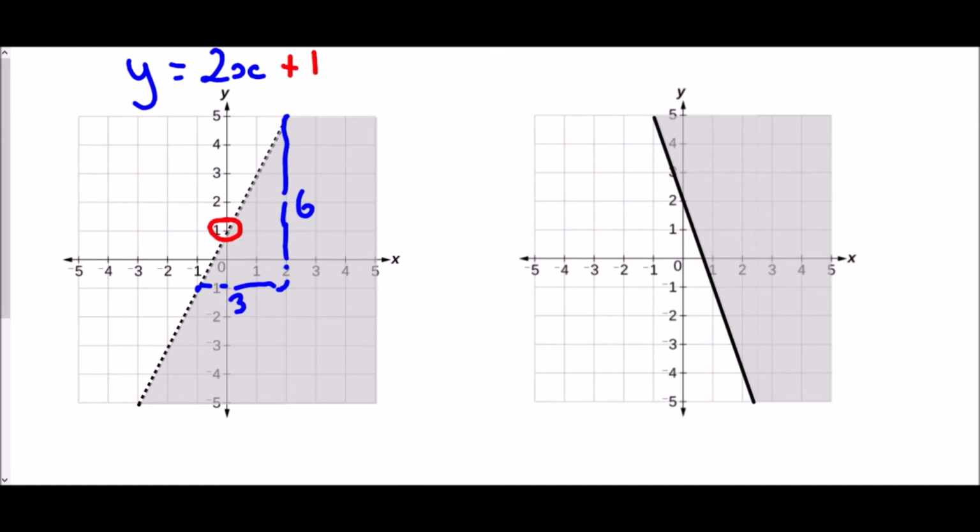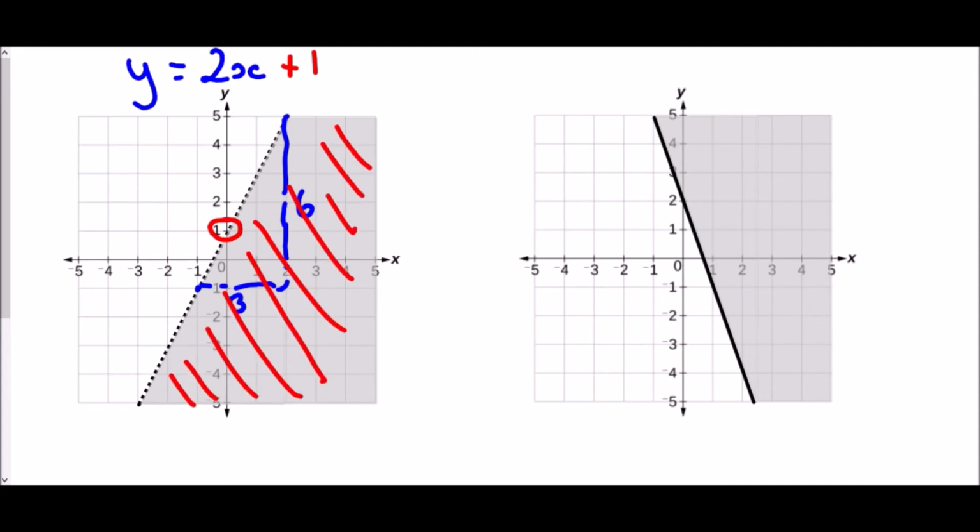And so this line is y equals 2x plus 1. But again, I want to know what the shaded area is representing. Well, the shaded area, if we choose, once again, a coordinate on this line, in this section, let's go with 0, 0 again. 2 lots of 0 plus 1.